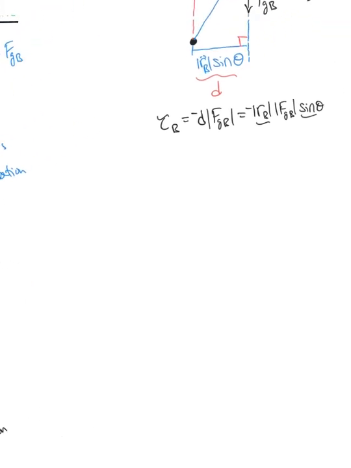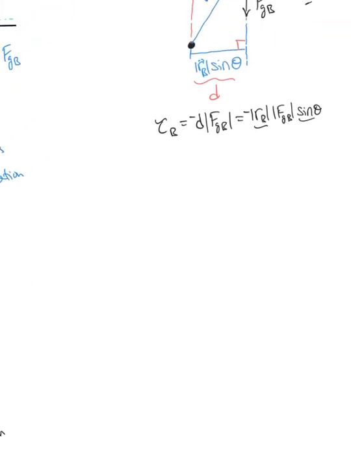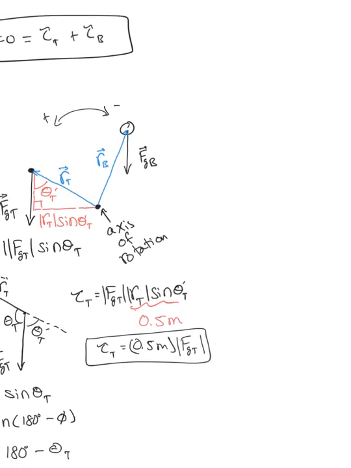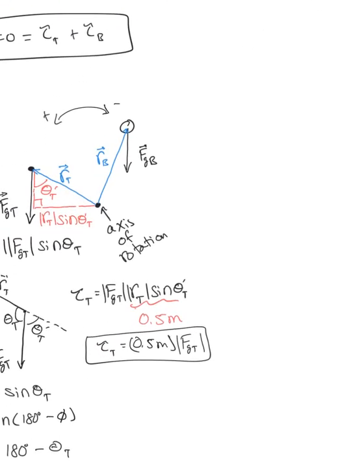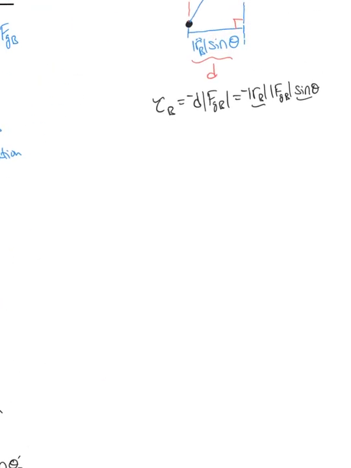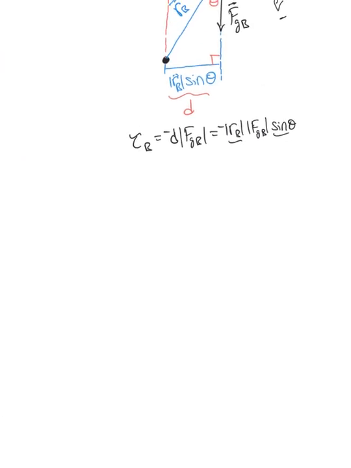So we know that the torque due to the table is given by this 0.5 meters multiplied by the force of gravity on the table. And we know that the torque of the ball is equal to this distance, which is what we're interested in, multiplied by the force of gravity on the ball.